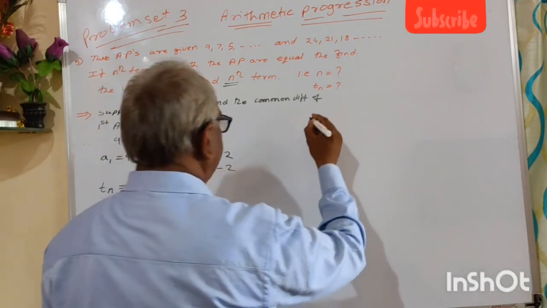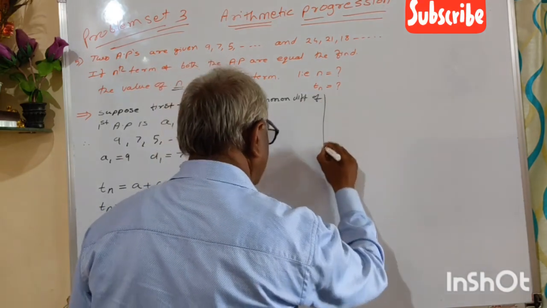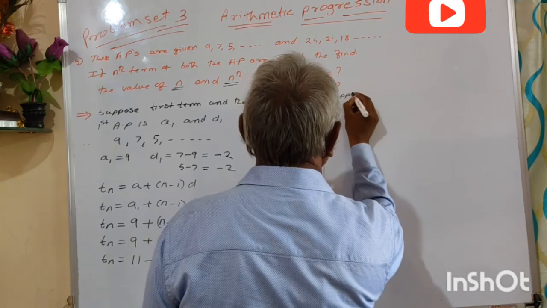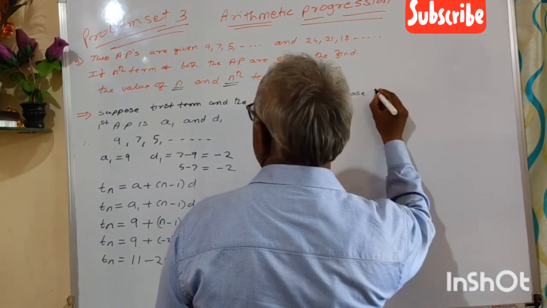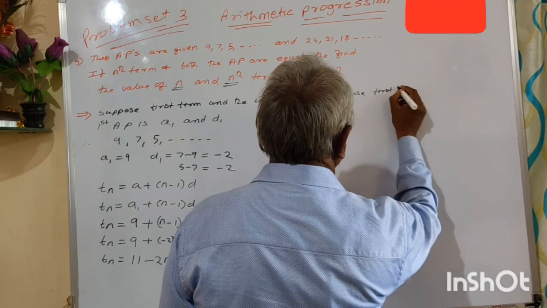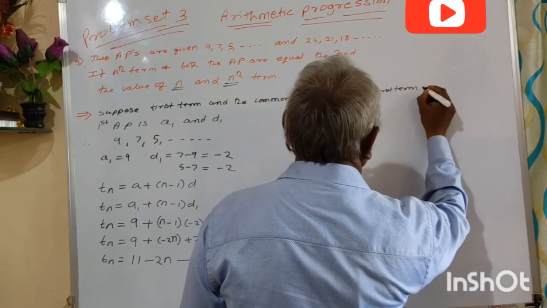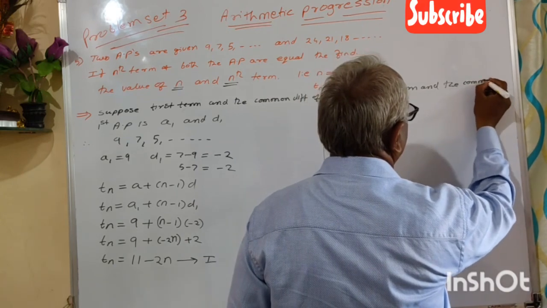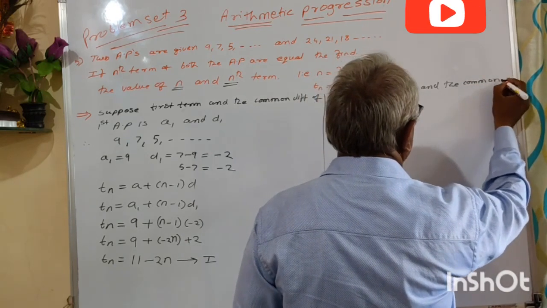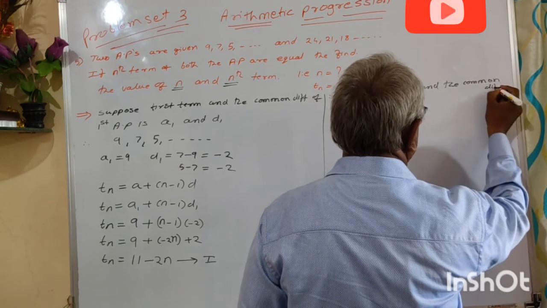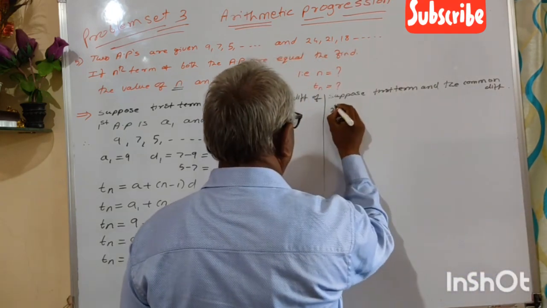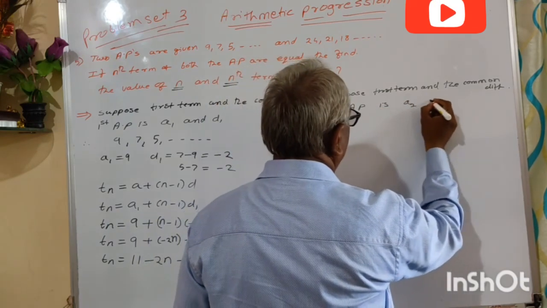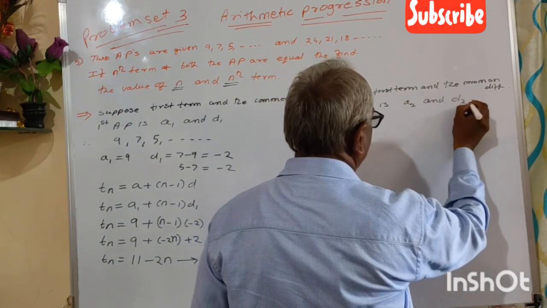And now suppose the first term and the common difference for the second arithmetic progression are A2 and D2.